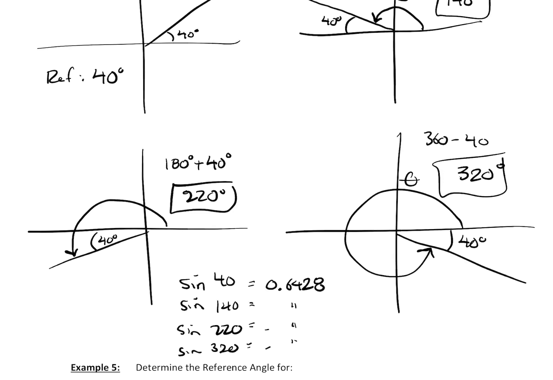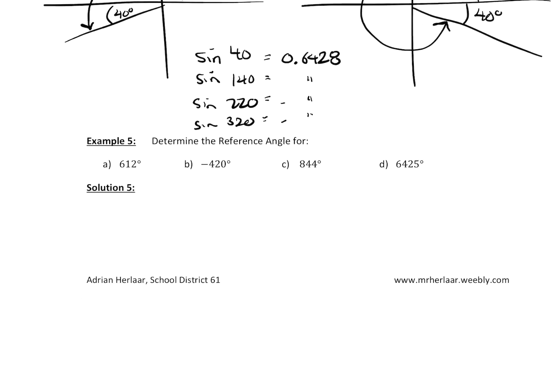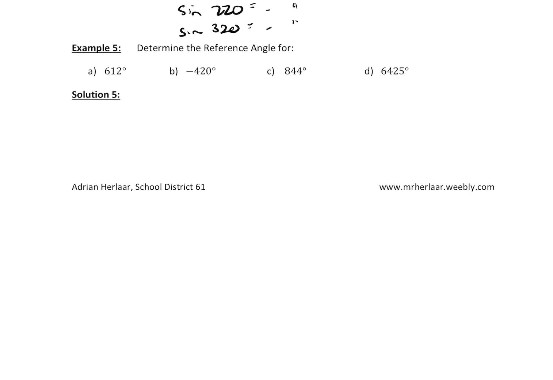Now if we look at example 5, determine the reference angle for these. Again, it helps to visualize, but also you want an acute angle. So 612: I want my coterminal, so I'm going to subtract 360 from 612, and you get 252.